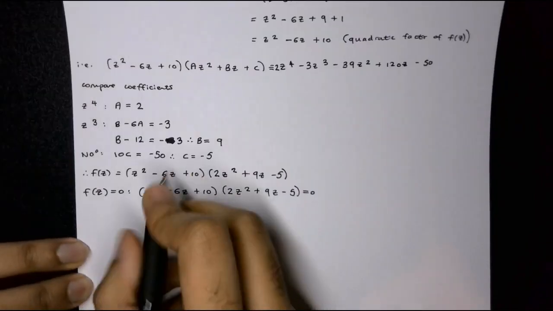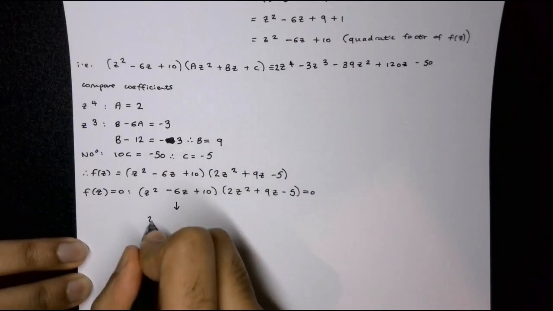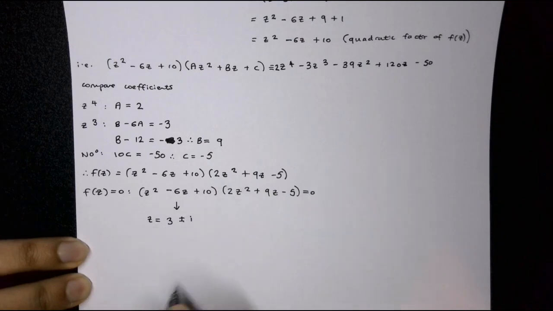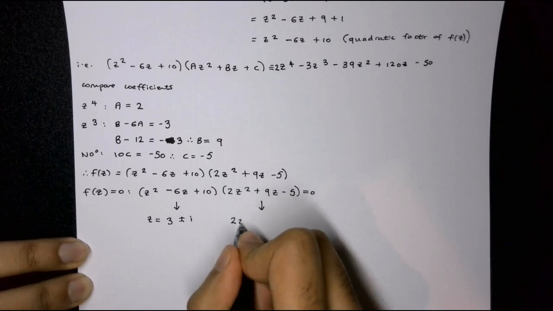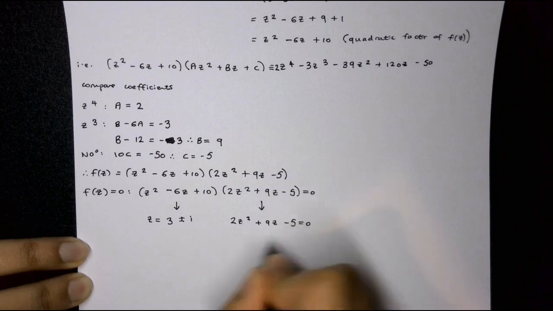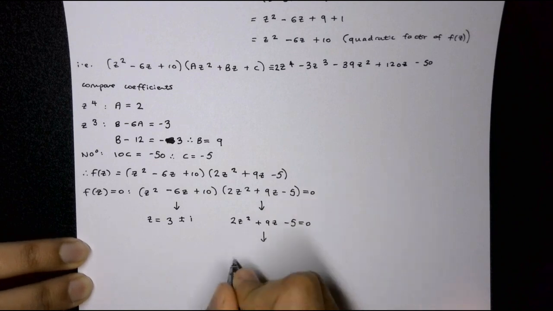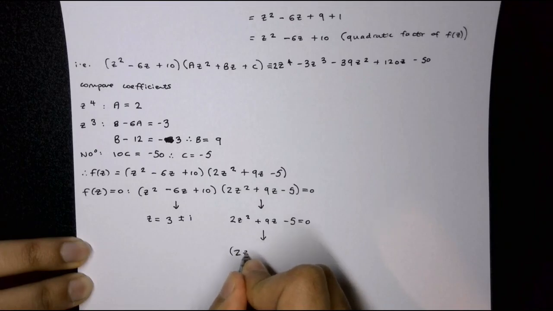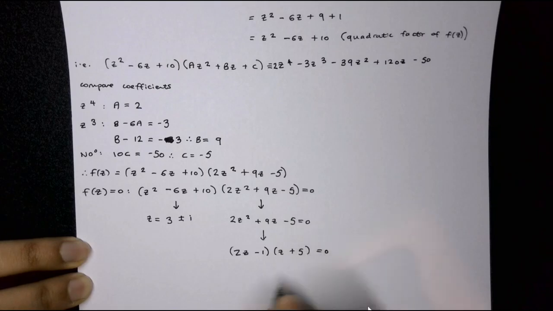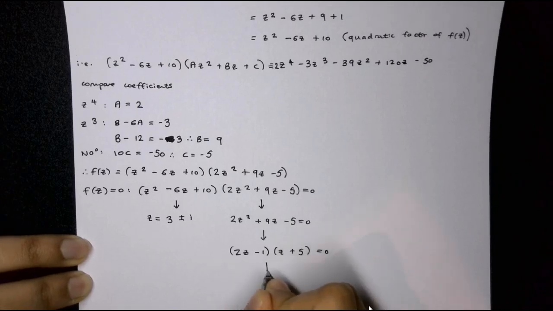So from here we know that z is equal to 3 plus or minus i, and if we solve this equation, 2z squared plus 9z minus 5 equals 0, we can factorize this as 2z minus 1 lots of z plus 5 equals 0, from which we can see z is equal to 1/2 or minus 5.